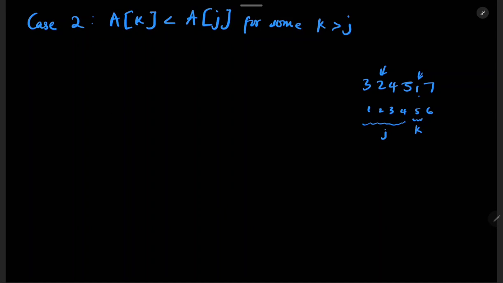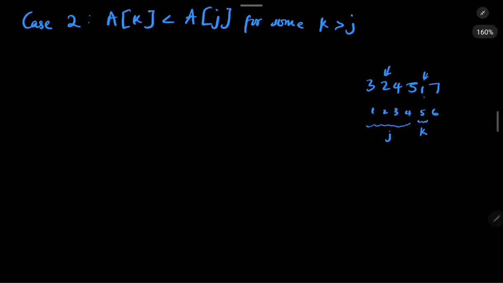Still building it around the fact that in our pseudocode we said that if A[j] is less than A[j-1], then we swap. And in this case, let's say A[j] is less than A[j-1].